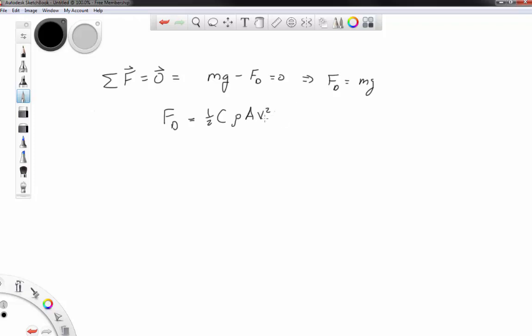So basically in the terminal velocity case, we use vt. So vt squared times 1/2 times c rho a should be equal to m times g. And so vt must be the square root of m times g times 2 divided by c rho a.